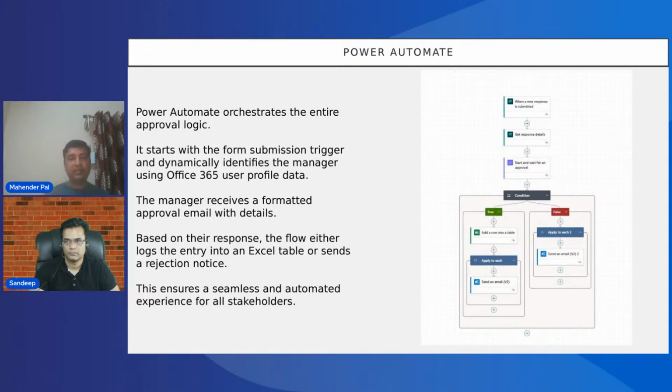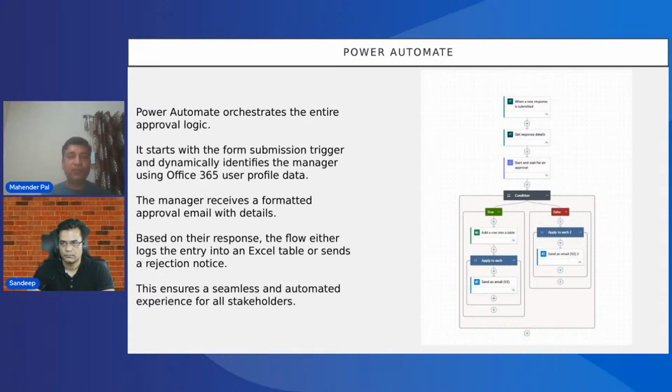So you can see here this process, which can take maybe weeks, maybe days when we are doing it manually. But here, as everyone gets their notification, they can immediately take action on it, and maybe after a couple of minutes, or half an hour, or 1 hour, depending on that, you will get your response, and you will know whether you are going to get this amount or not, right?